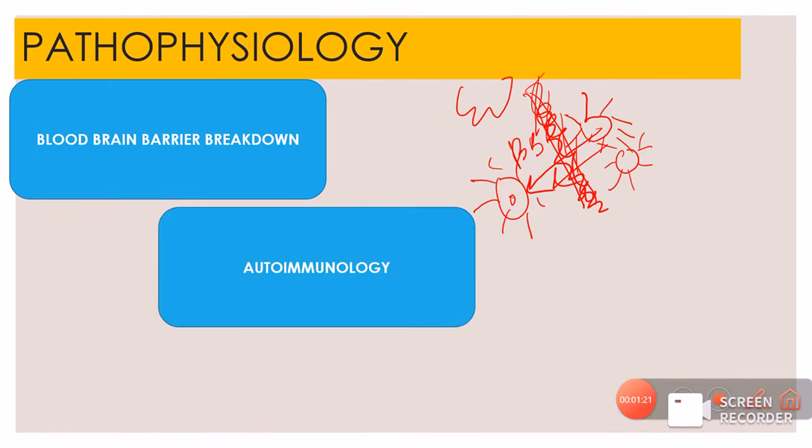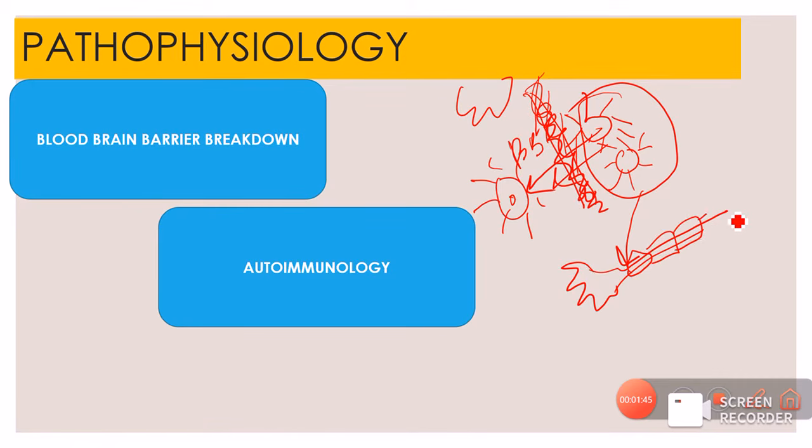Next is the process of autoimmunity. The immune system now attacks the nervous system, leading to plaque and lesion formation. The T cells which were trapped inside the nervous tissue now go and attack our oligodendrocytes, which are present around the axons and form the myelin sheath.